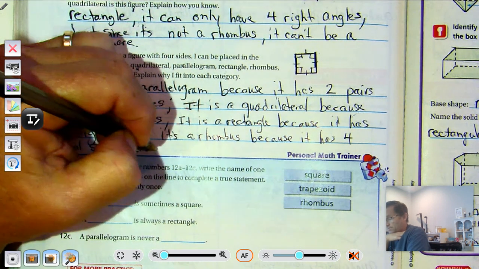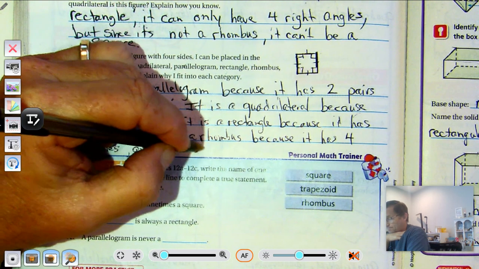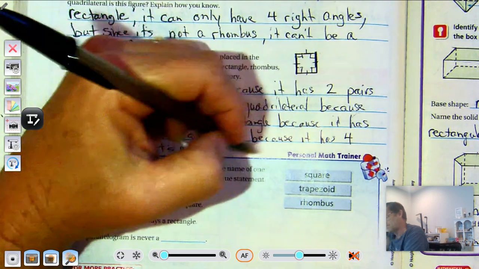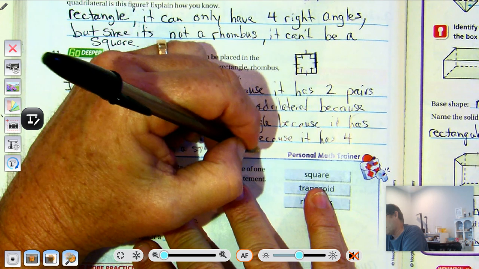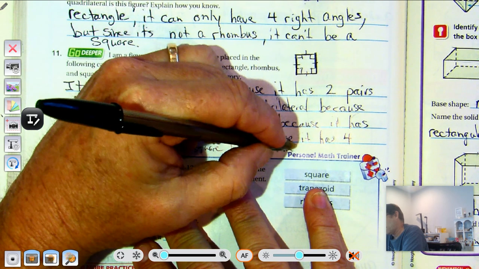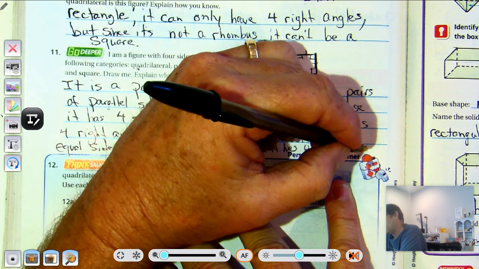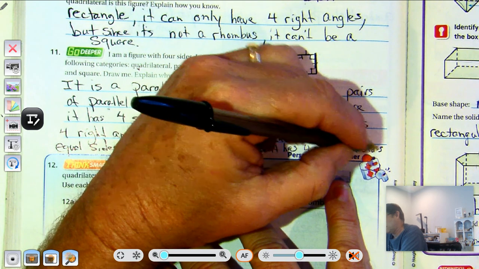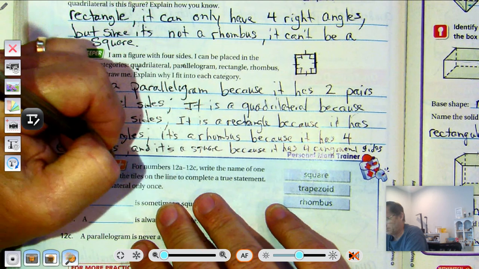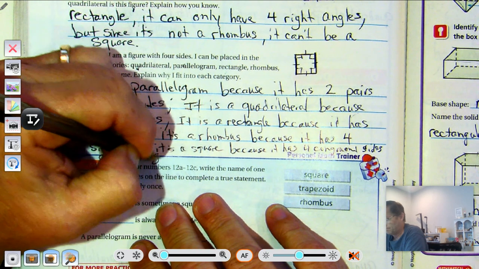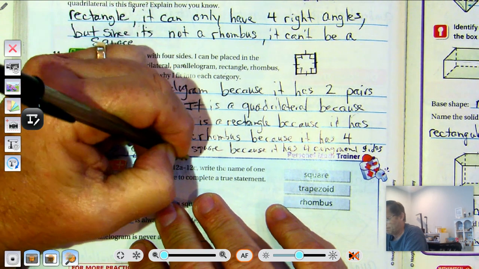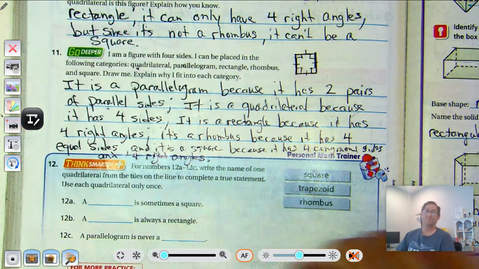And it's a square because it has four congruent sides and four right angles. Okay.